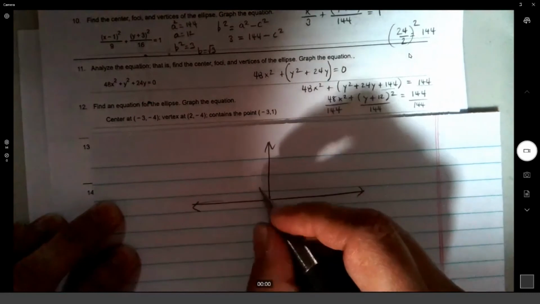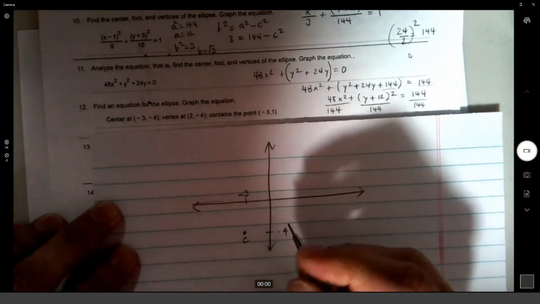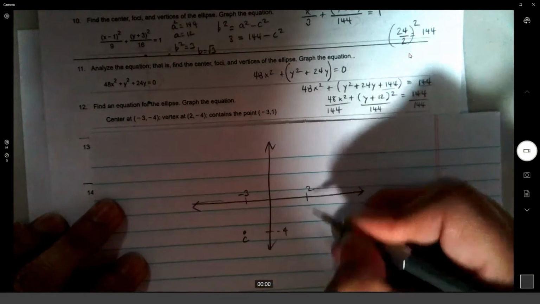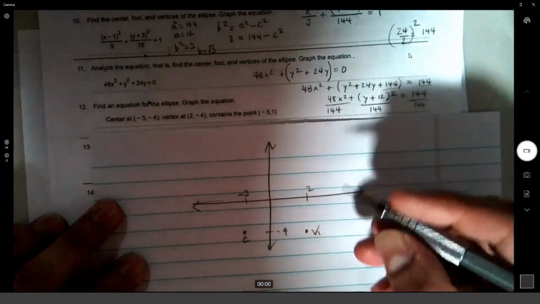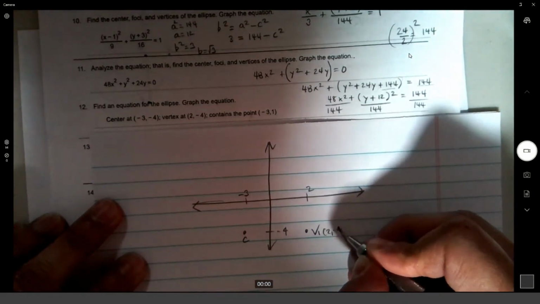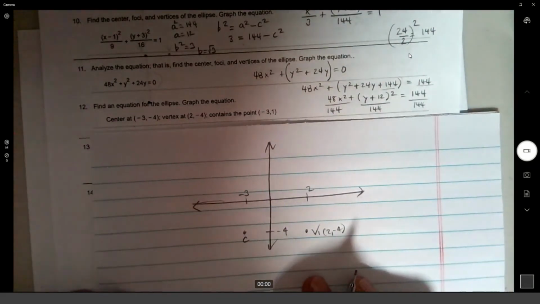The center is at -3, -4. The vertex is at 2, -4. That means that this ellipse is going to be laying on its side.